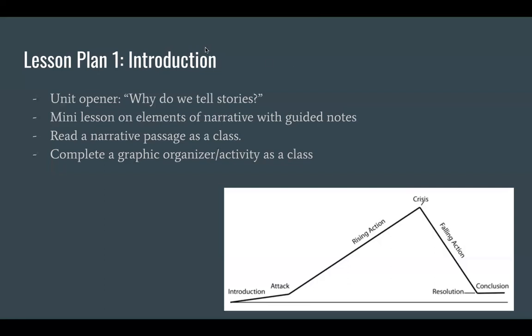We'll have a lesson on the elements of narrative, which again is going to be like setting, plot, characters, conflict. We'll read a narrative together as a class where students will have a paper copy. We'll annotate as we read, and then we'll also complete a graphic organizer to practice identifying together as a class.